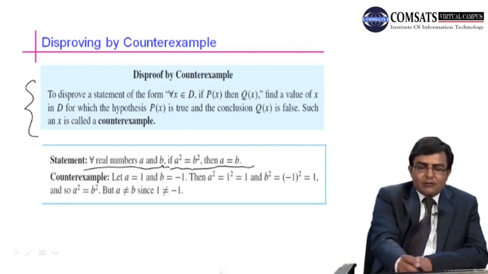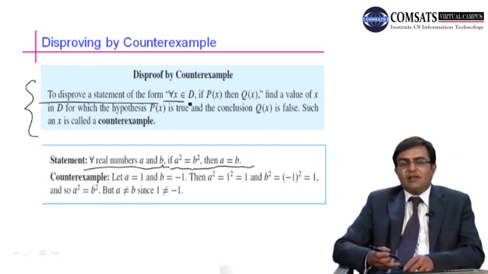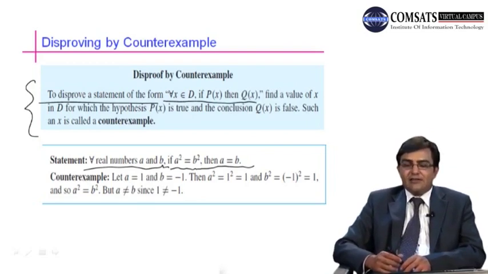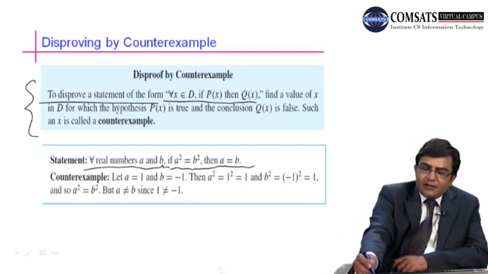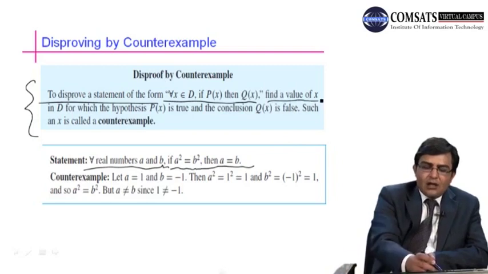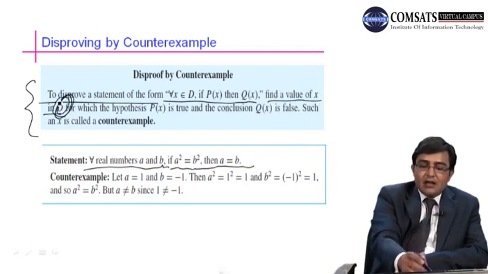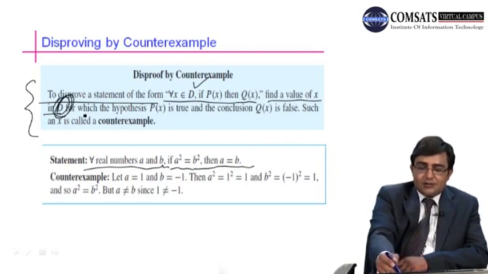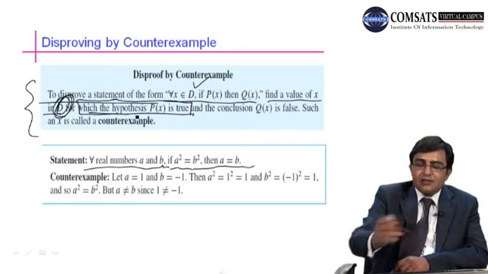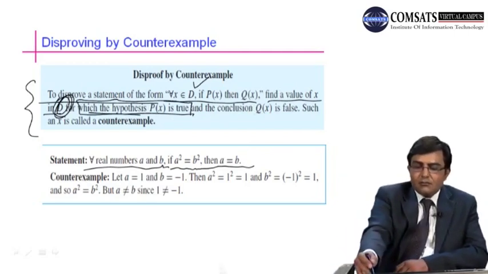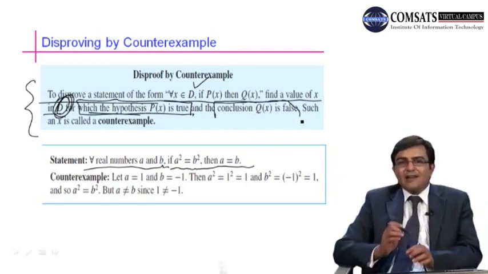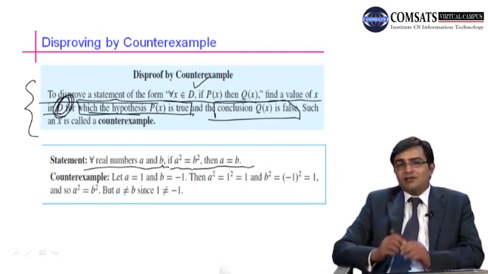To disprove a statement of the form, the universal conditional statement, for all x belongs to D, if P of x then Q of x, we try to find a value of x in D, in the particular domain which is given here, for which the hypothesis is true but the conclusion is false.